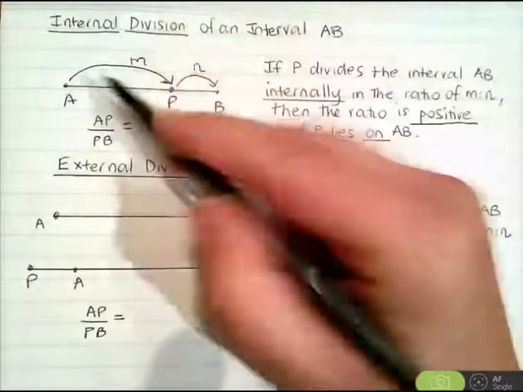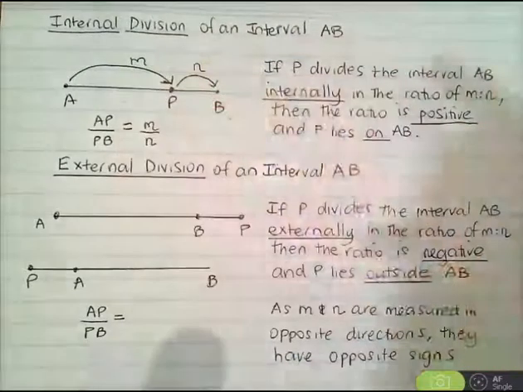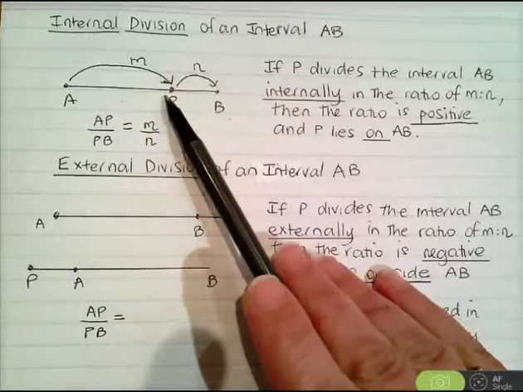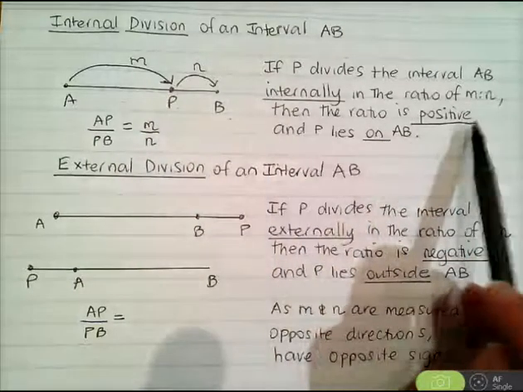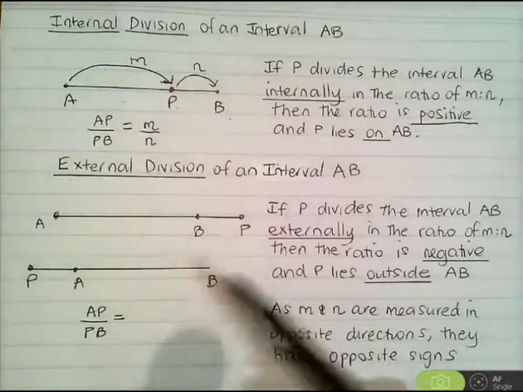So the ratio of AP to PB is m to n. So if P is dividing AB internally, then it lies between A and B, and the ratio of m to n is positive.